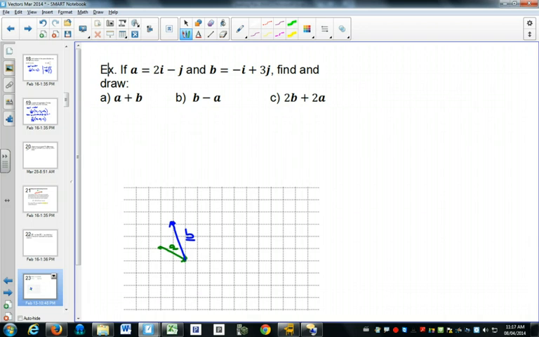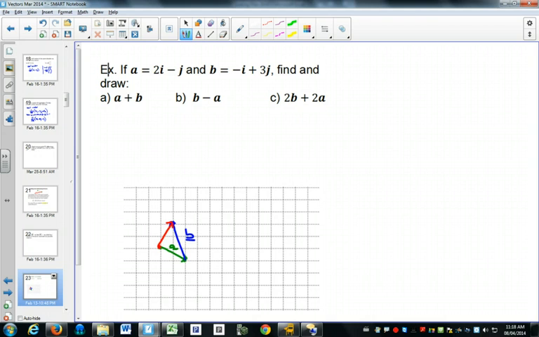And so A plus B would mean we started here and we ended here. If we look at the diagram for A plus B, we are now going 1 to the right and 2 up.